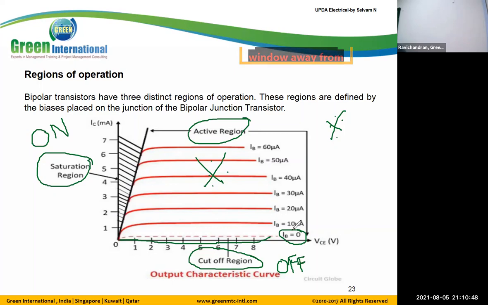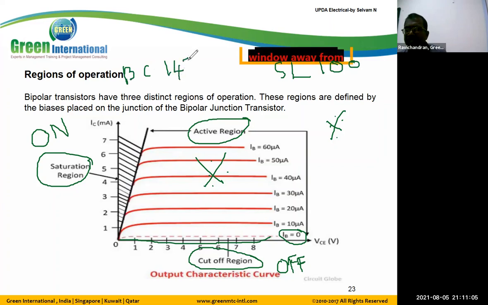Thanks for the information. Nowadays they don't ask this question, but two years back they asked about SL100 and BC147.